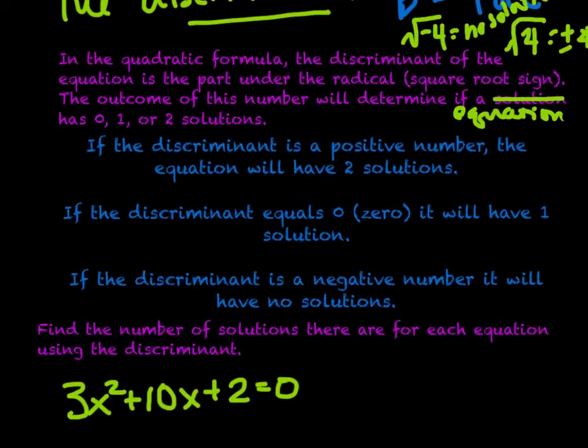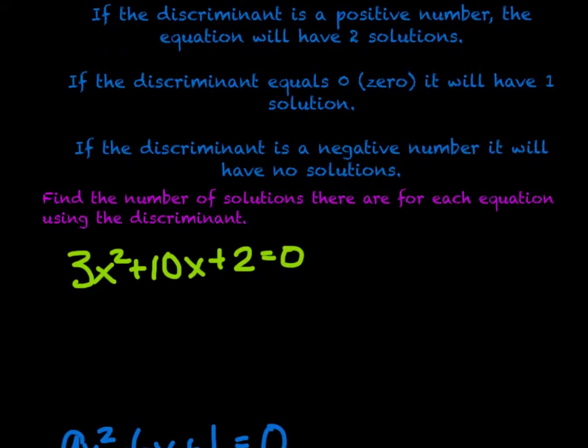So let's use this concept and solve an equation. Find the number of solutions there are for each equation using the discriminant. For this green equation, we have 3x squared plus 10x plus 2 equals 0. Let's identify our a, which is 3, our b, which is 10, and our c, which is 2.